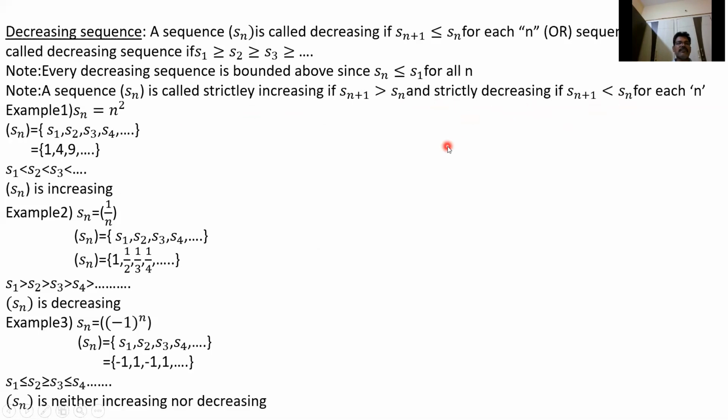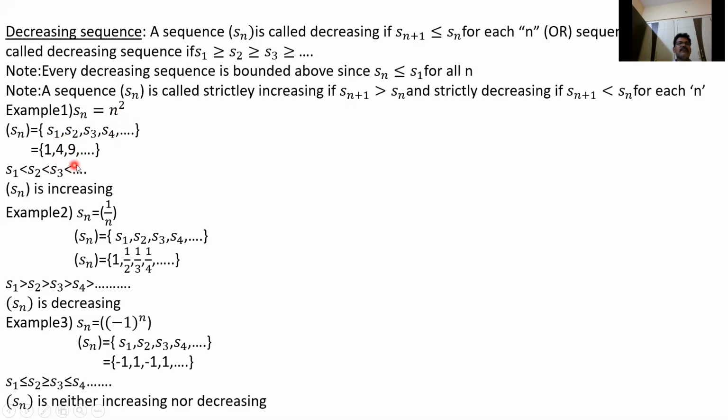We'll see a simple example. Sn equal to n square. So we know S1, S2, S3, S4. S1 is 1, S2 is 4, S3 is 9, S4 is 16, because S1 is 1 square, 1, S2 is 2 square, 4, S3 is 3 square, 9, S4 is 4 square, 16.